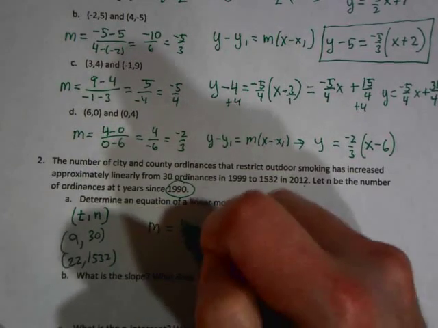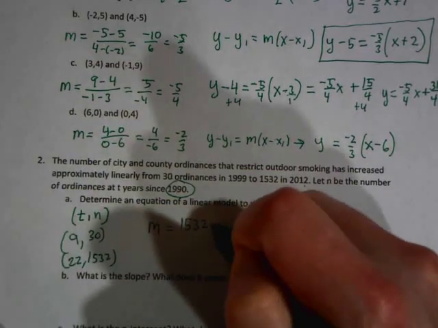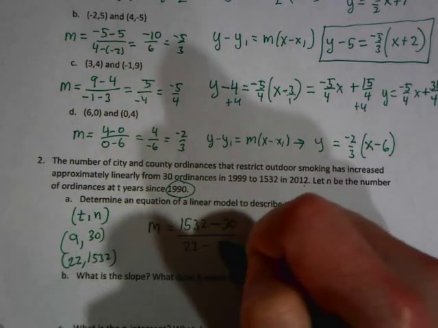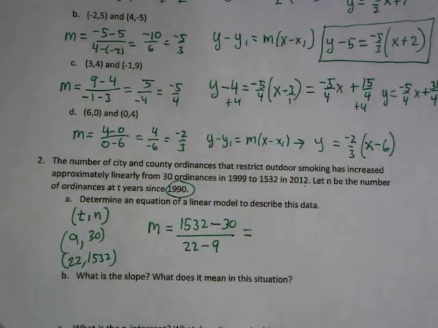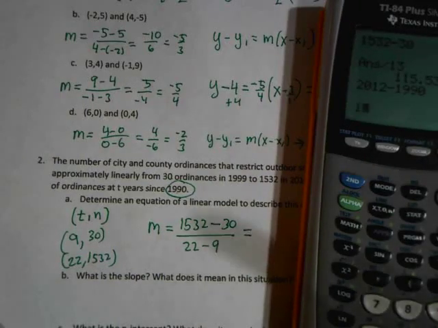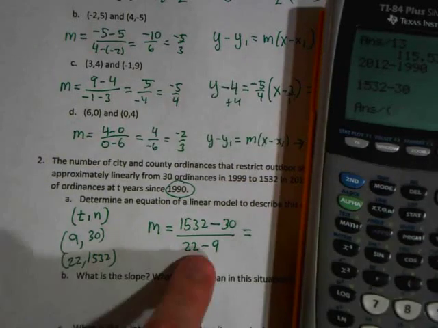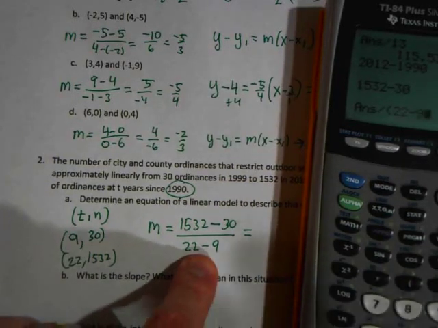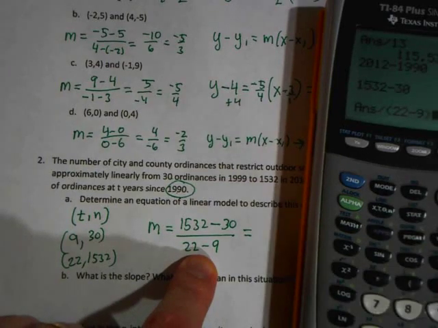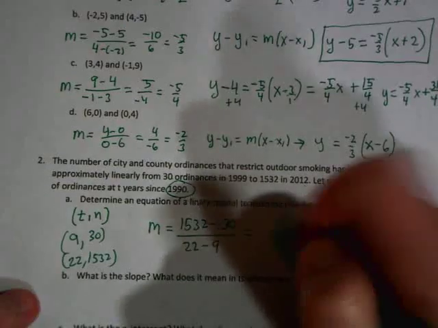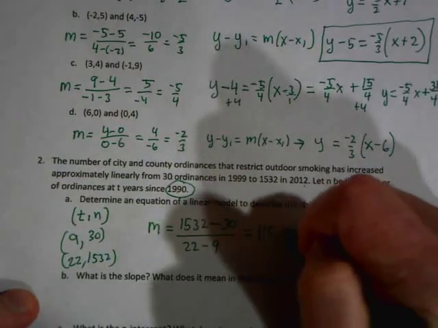M is 1532 minus 30 divided by 22 minus 9. Now I have more than one thing on the bottom, so I put parentheses around that. And I get 115.5, and if you remember, that happens to be the exact same answer we got last time.